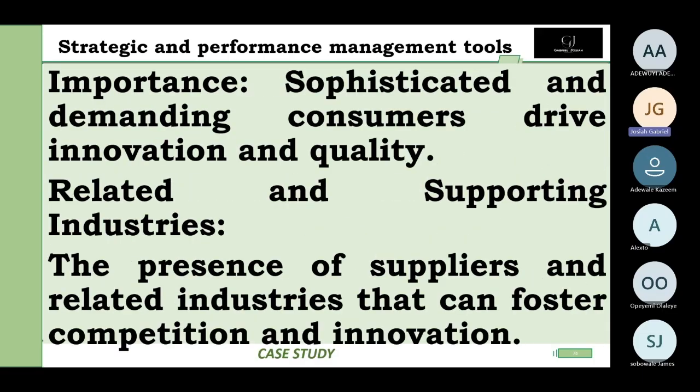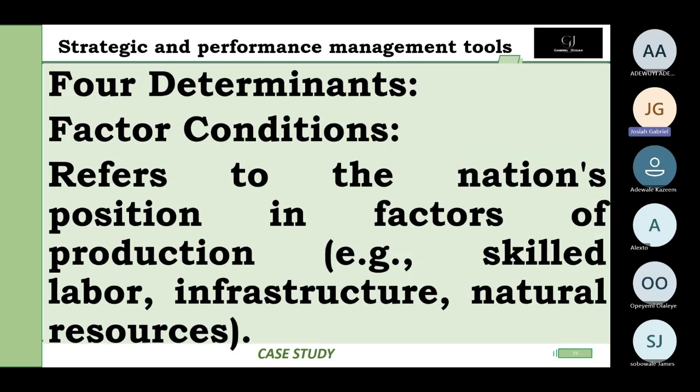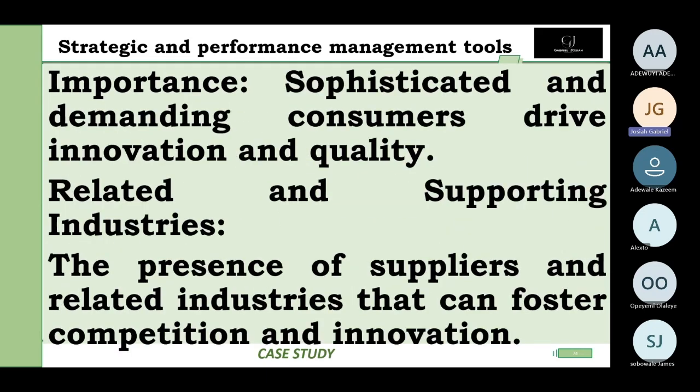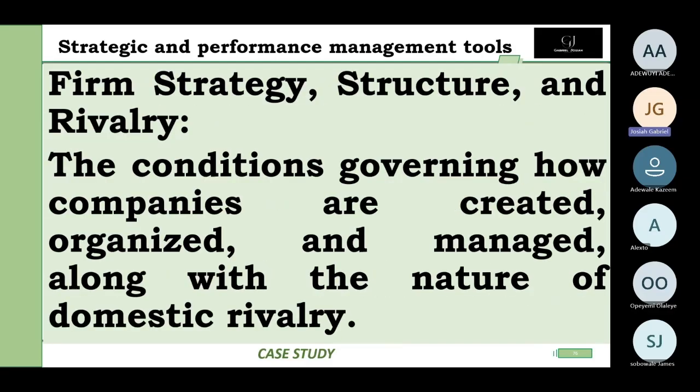So the factor conditions and demand conditions are the two components we just looked at. And the third one is the firm's strategy, structure, and rivalry. The firm's strategy, its structure, and the rivalry.